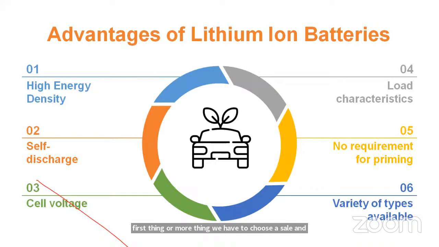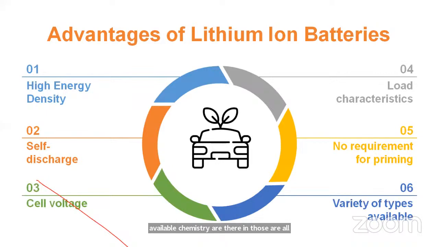The first point is high energy density. We will choose the chemistry which has the highest energy density. In the present scenario, among all the available chemistries, lithium ion cells have the highest energy density.